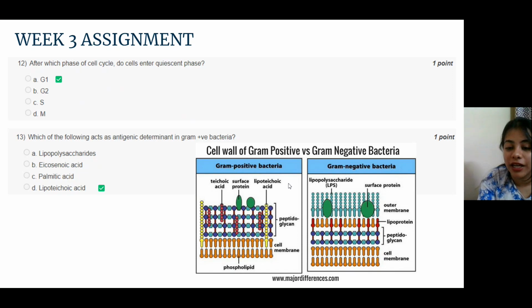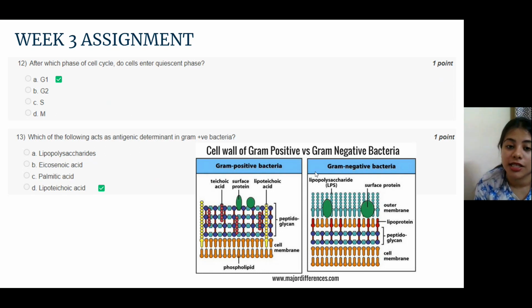Whereas gram-negative bacteria, above their cell membrane, have a thin peptidoglycan layer. It's not as dense or as thick. And then they have an outer membrane, a whole other structure, which has an LPS or lipopolysaccharide layer, and some different surface proteins.